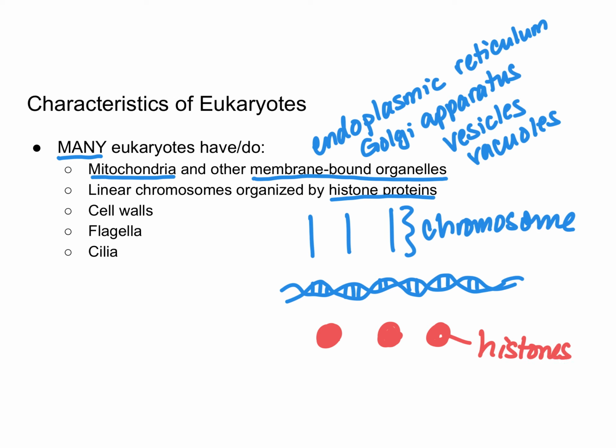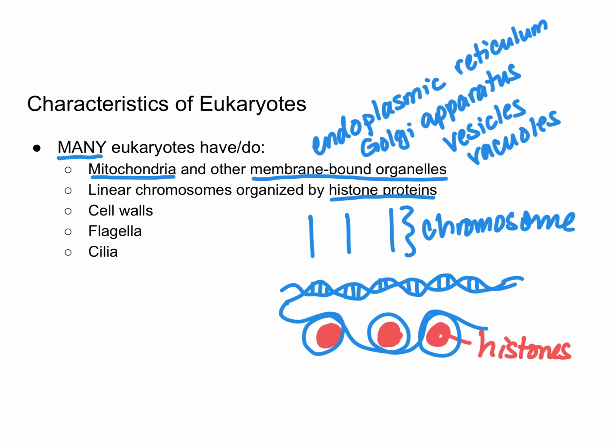This is essentially a way to organize the DNA, because remember that these strands of DNA can be very, very long. And if they weren't organized, they could get tangled up, and the genes would not be accessible for transcription, translation, protein synthesis, gene expression. So these linear chromosomes are made up of histone proteins with the DNA wrapped around them.